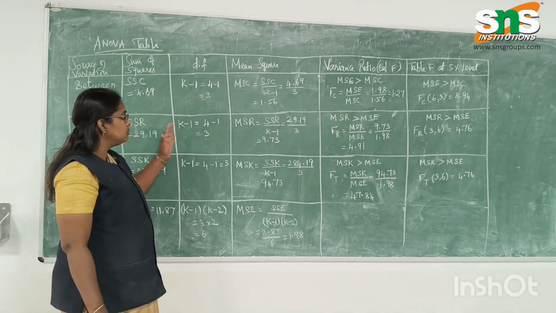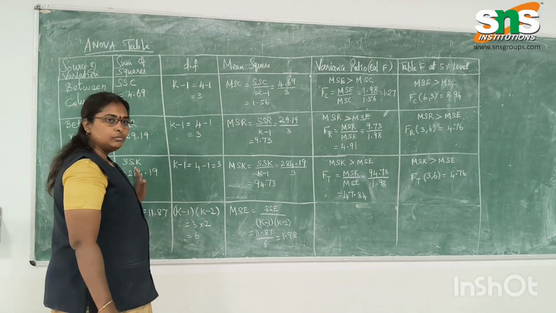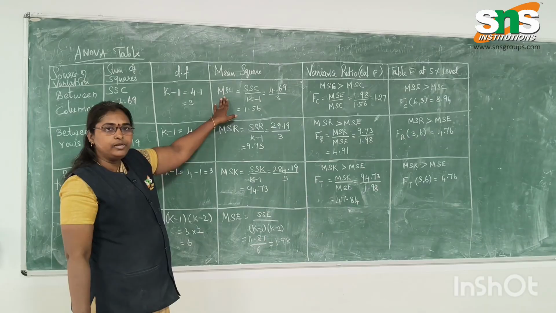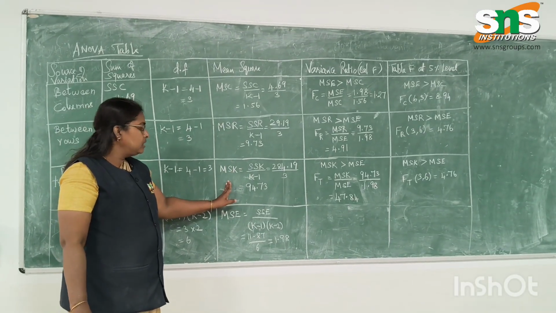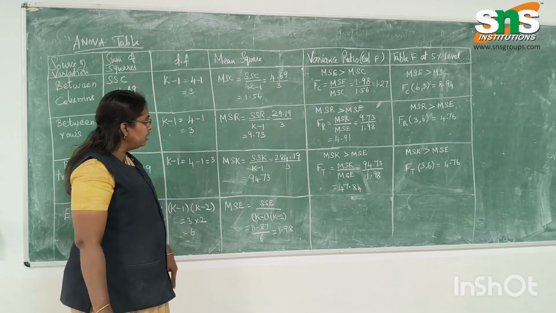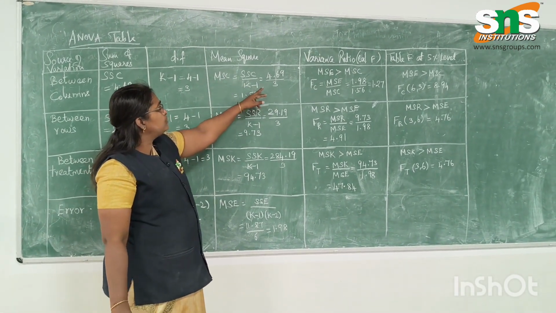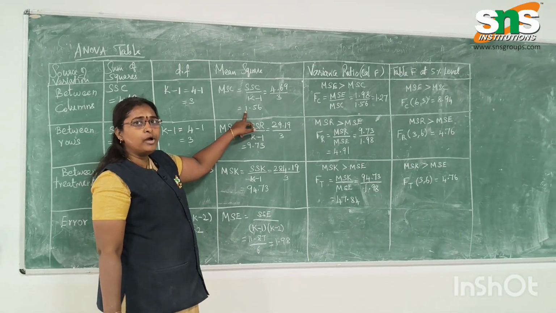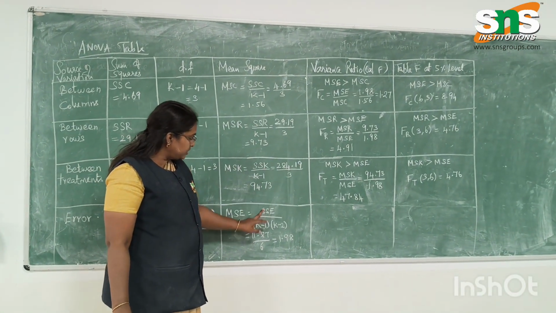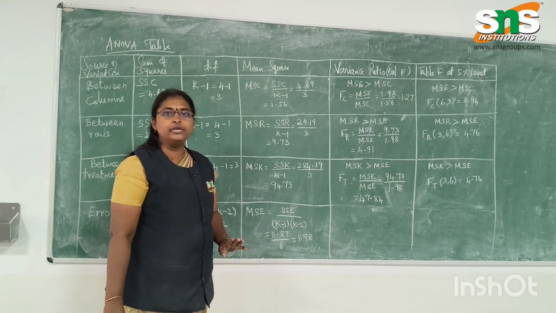Same thing for mean square between rows, between treatments, as well as for the error. Calculating all those values, we have got 1.56, 9.73, 94.73, and 1.98. Up to this we are doing separately.